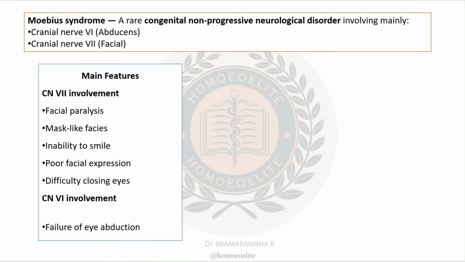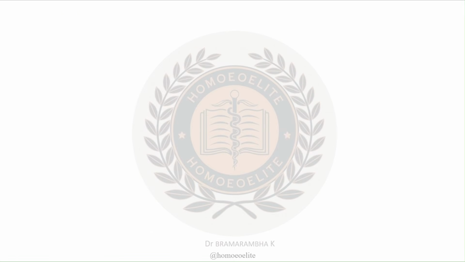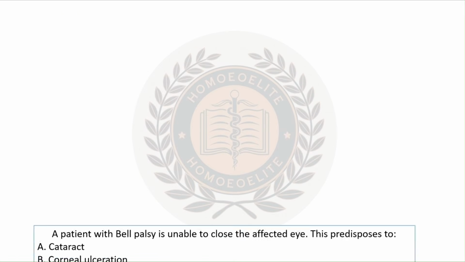With cranial nerve 6 involvement, you can see failure of eye abduction, that is the lateral movement difficulty in the case scenario given, and also strabismus. In infants, you will see poor sucking, feeding difficulties, drooling, and lack of facial expression. This is about Moebius syndrome.